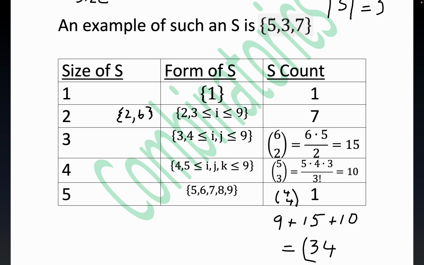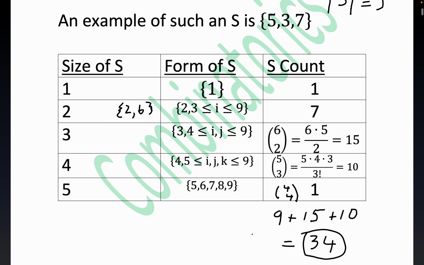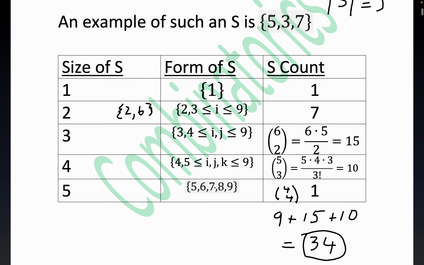Now, if you wanted to turn this into a probability question, you want to say, what is the probability of randomly picking a set with this property? That's an easy one to write down. Here's where the void set actually means something. The probability of an event like this would be the favorable outcomes, which is 34 in this case. But we're not interested in the void set.